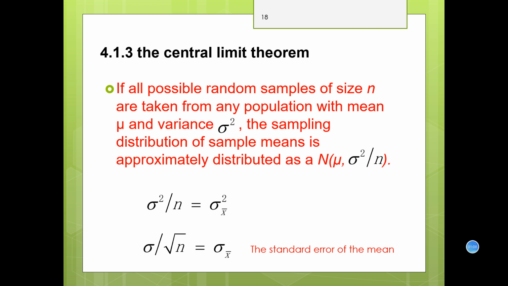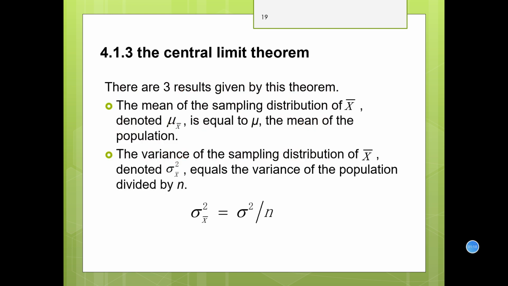So according to the central limit theorem, we can know some results, which is very important. The first one: the mean of the sampling distribution of x bar, denoted mu x bar, is equal to mu, the mean of the population. We have just explained the meaning of this point, and we said that x bar is symmetric about mu.